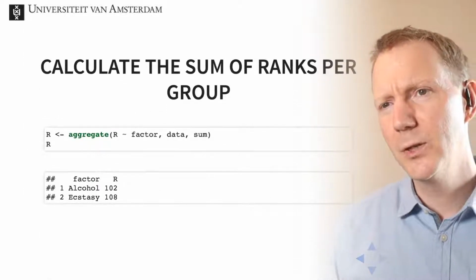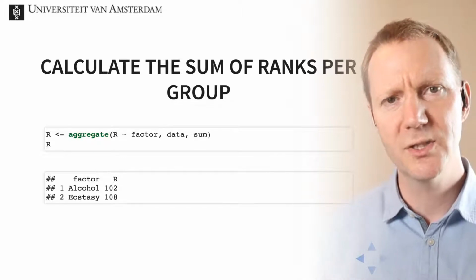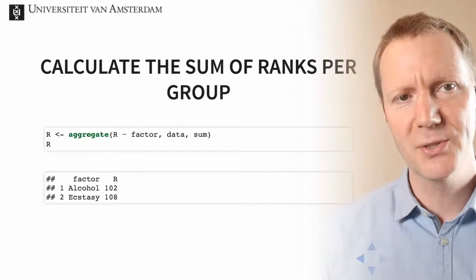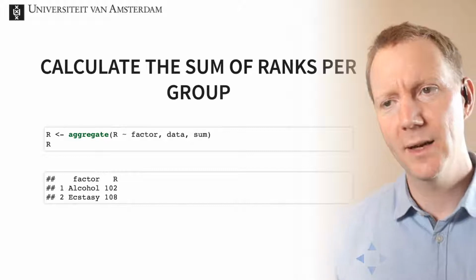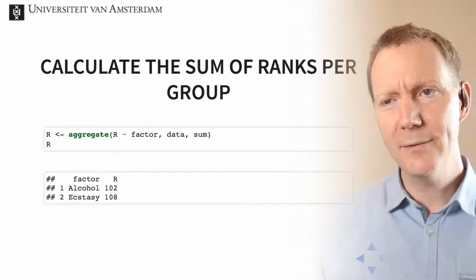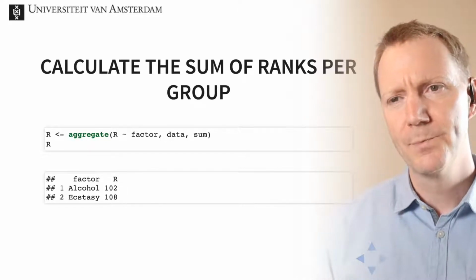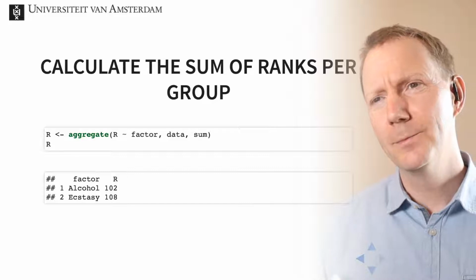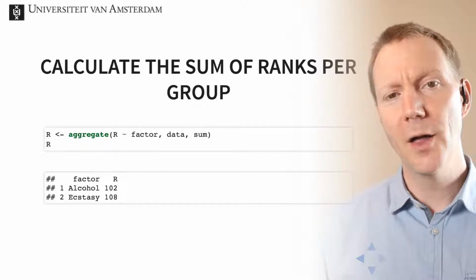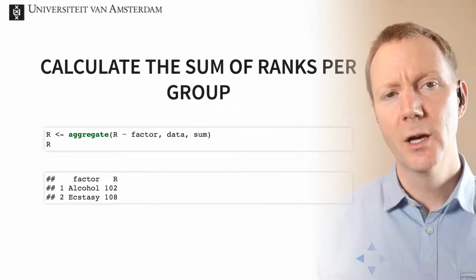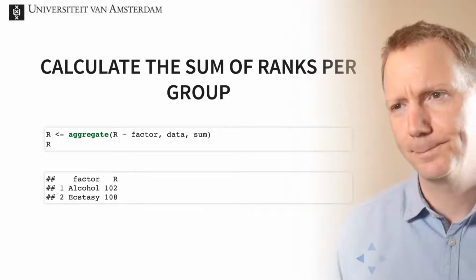So what we're doing is first calculating the sum of those ranks, because our assumption was that if we've created two groups, height for men and women, or in this case the ecstasy group and the alcohol group, then if the null hypothesis were true, we would expect no difference between these two. So adding all these ranked numbers together for both groups under the assumption of the null hypothesis should yield about the same results, right?